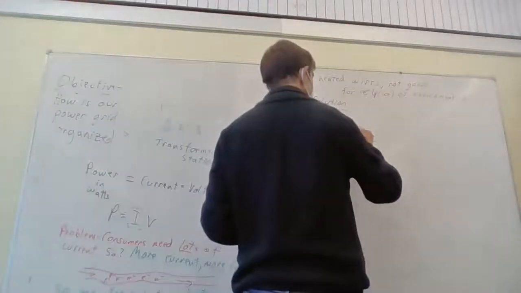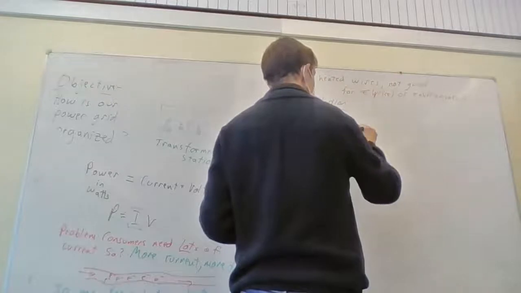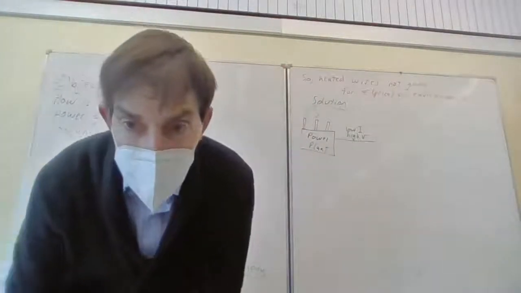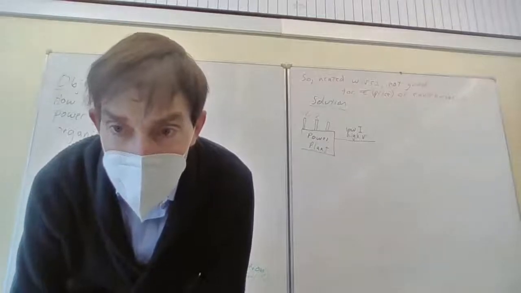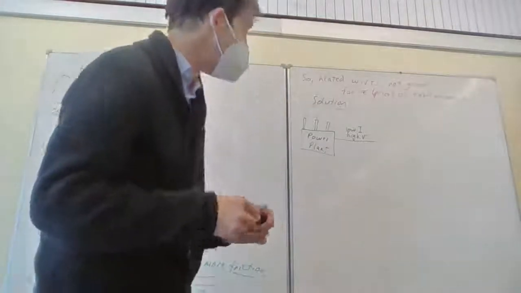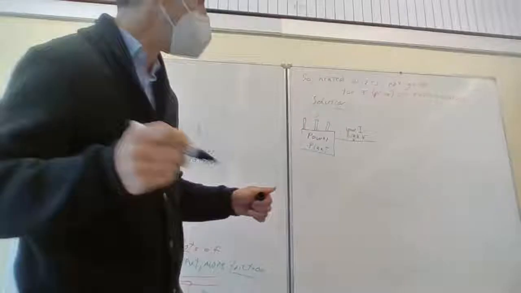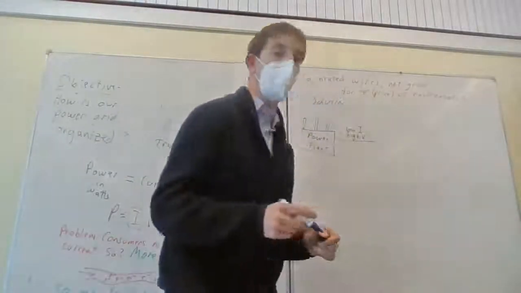Can you guess what makes sense? If the current's low, the voltage has got to be, somebody said it, raise your hand. Got to be high. So low current, high voltage. Yeah, exactly right. Good.